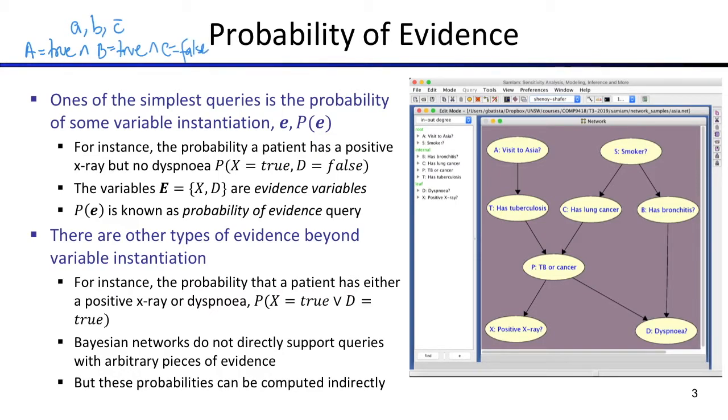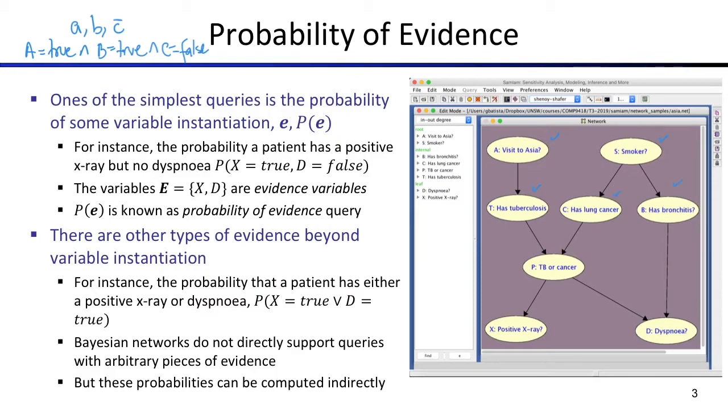Okay, so for instance, in this example that we have on the right, we have another toy Bayesian network in the domain where you want to diagnose if a person has lung cancer, bronchitis, or tuberculosis. And basically what we have here on the top is someone that made a visit to Asia, increasing for some reason the chance of having tuberculosis, and a person that is a smoker, also increasing the chances of lung cancer and bronchitis.